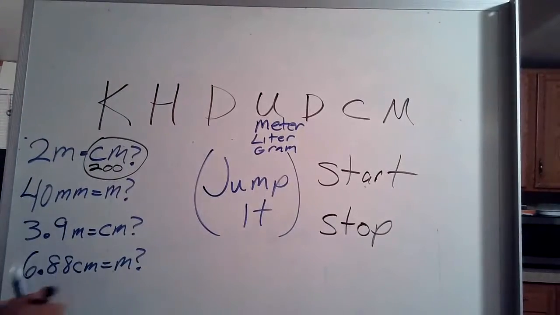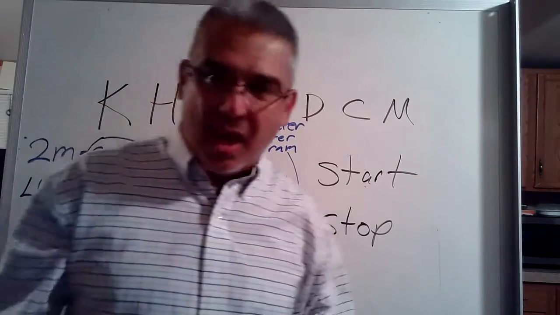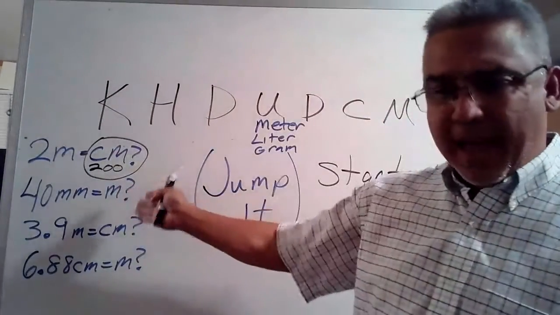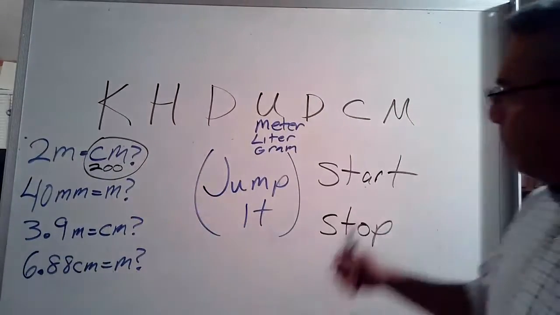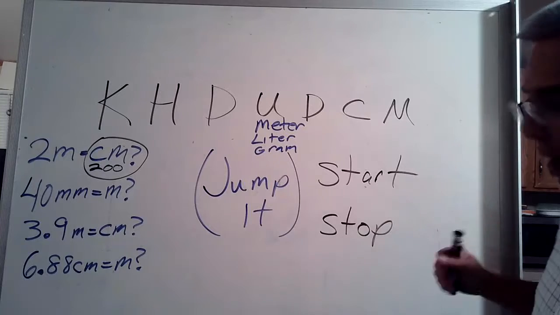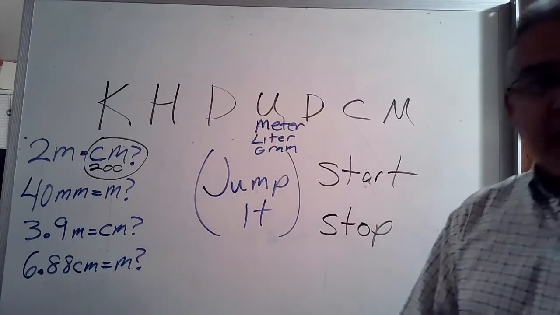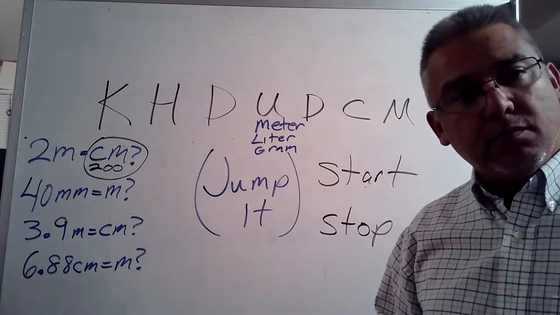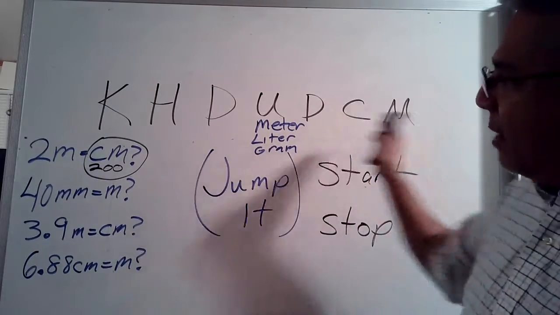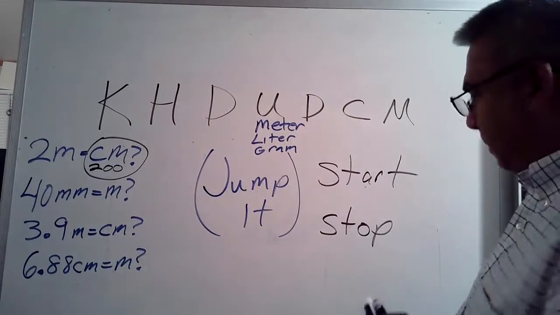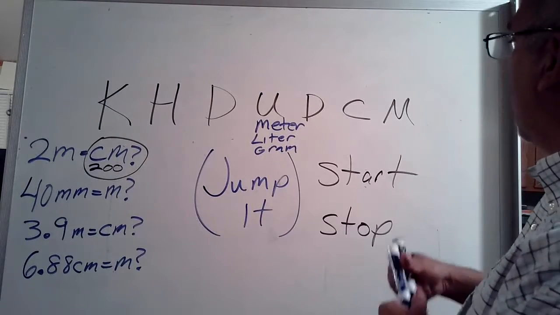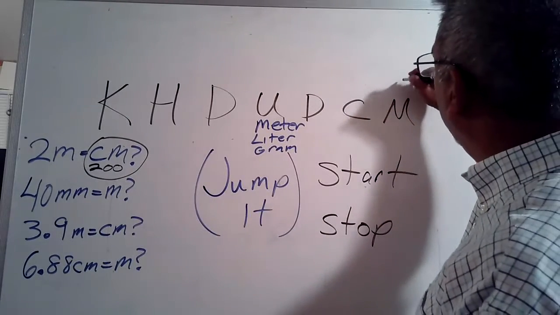Alright, our next problem says 40 mm equals blank m. Once again, it's about where do I start and where do I stop. Now I told you we're going to stick with meter, and there's an understood m behind these. So mm, that means I'm going to start here at the very end.